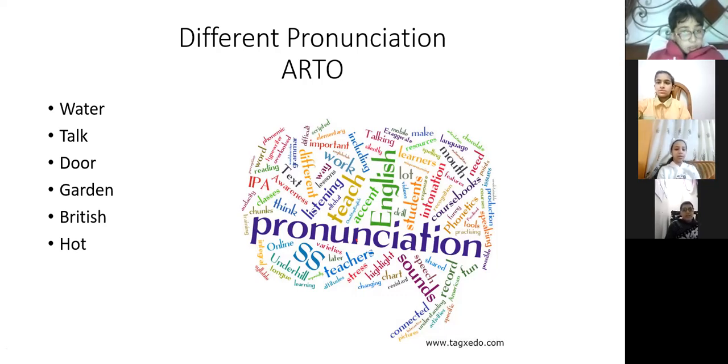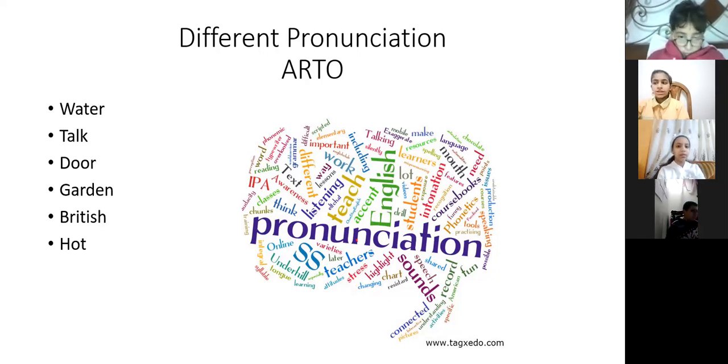Door in American, door in British, door. Garden in American, garden in British.